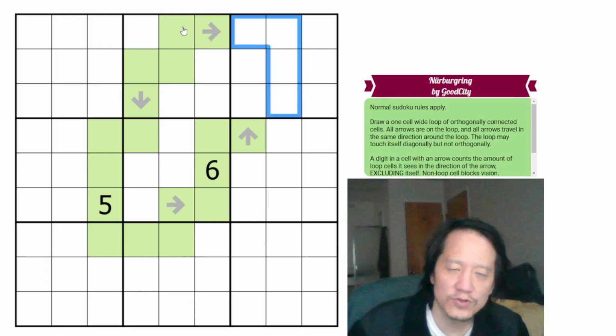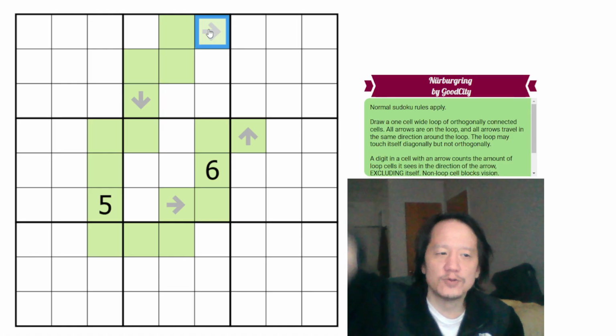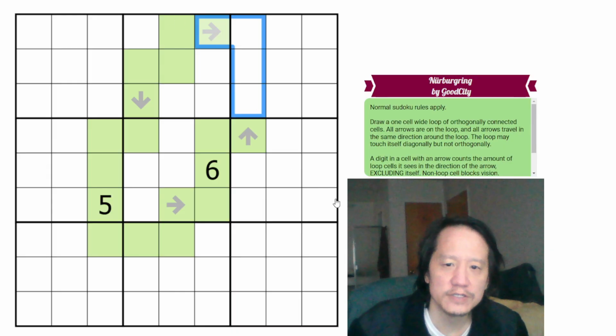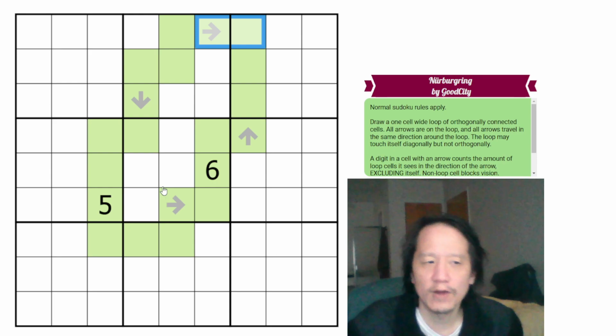Basically the arrows have to be all pointing in the same direction in the loop, and this would not work because it's pointing in the opposite direction. That probably gives you some information about how this loop is going to have to work.